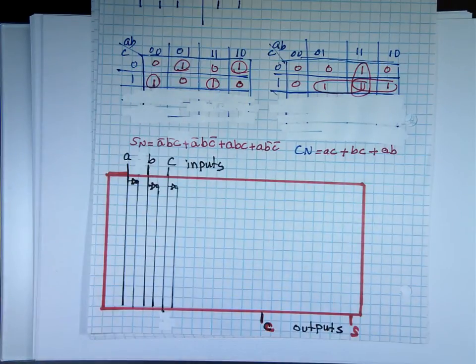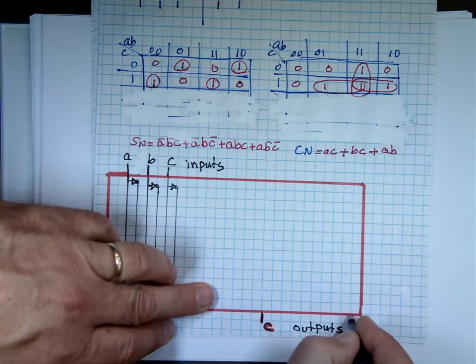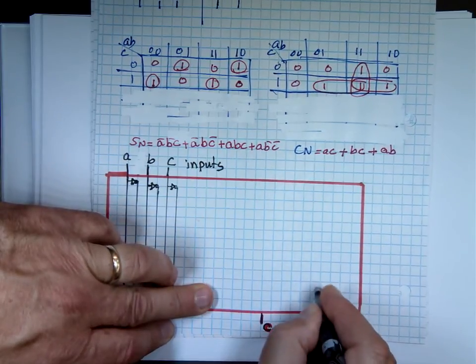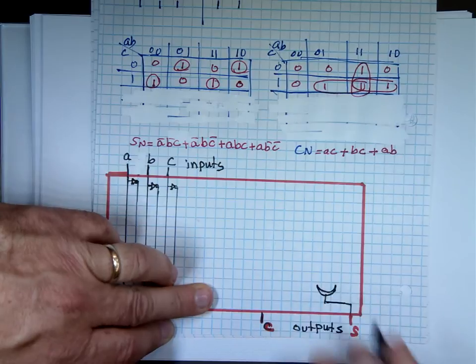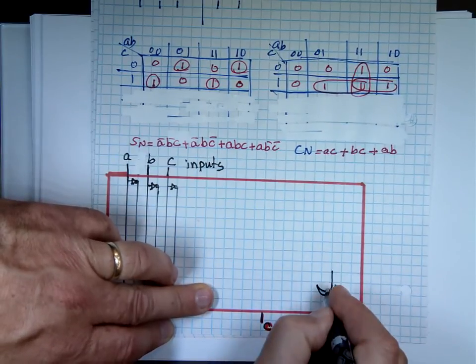And now I'm going to build each one. I need 4 AND gates for the sum and 1 OR gate. So the sum is going to have an OR gate here. That's an OR gate. Attached to it, 4 AND gates.